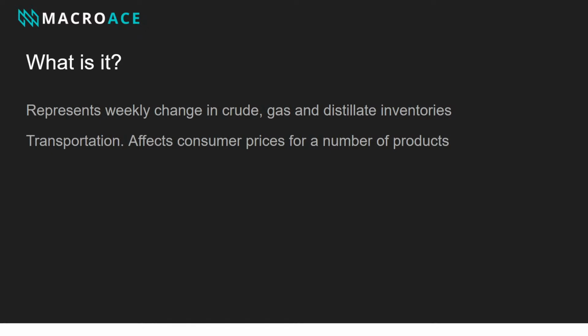Don't forget, a lot of products are made with oil, and gasoline prices, what you're paying at the pump, can also be affected, depending on how much of a build or draw we get consecutively week by week. So it can have a big impact on the economy in the US in every area.